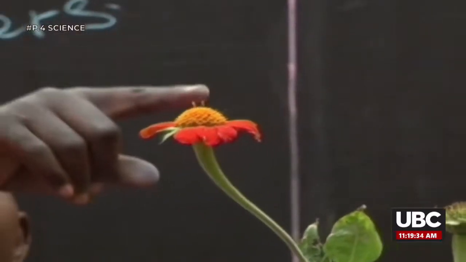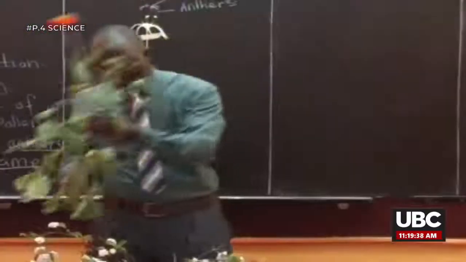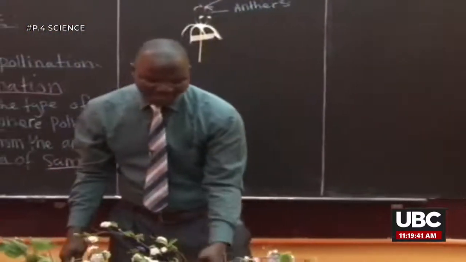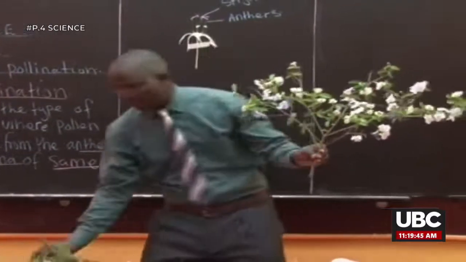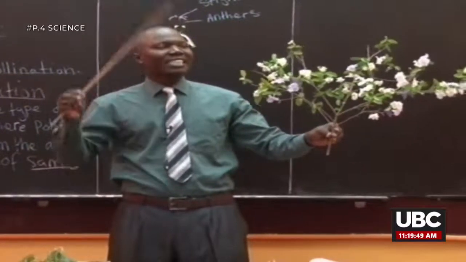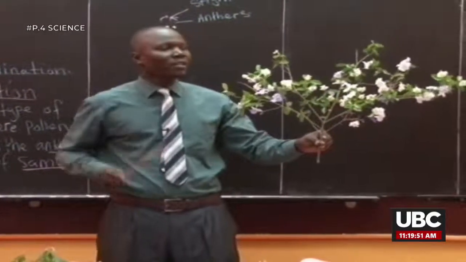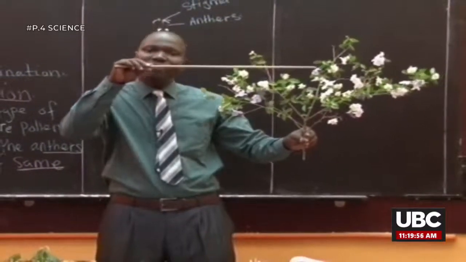Not from here to this, no. I would bring in another very beautiful flower. If you're going to talk about self-pollination, it must be pollen moving from the anther of this flower to this same flower.